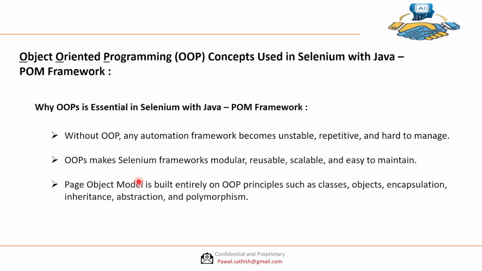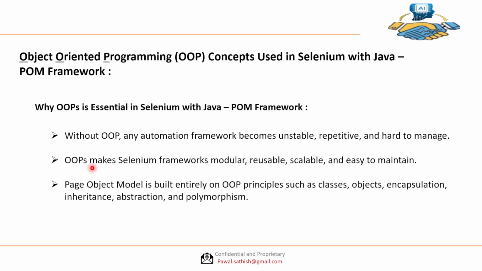First we'll understand why OOPS concepts are essential when we are developing a framework or scripts. As I mentioned, without OOPS the automation framework becomes unstable, we need to write repetitive code, it's hard to manage, and maintenance is very difficult.